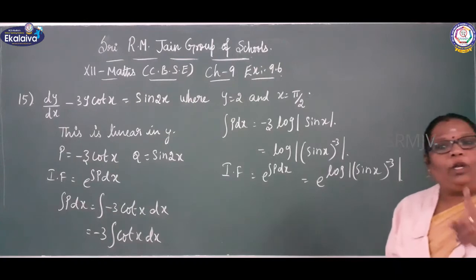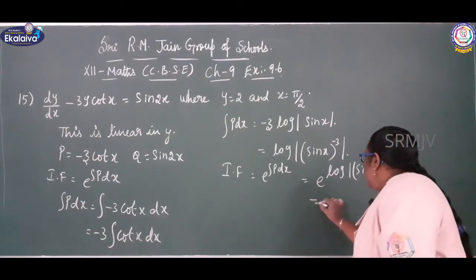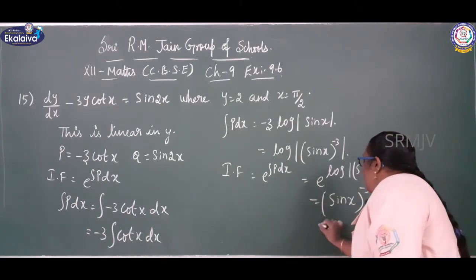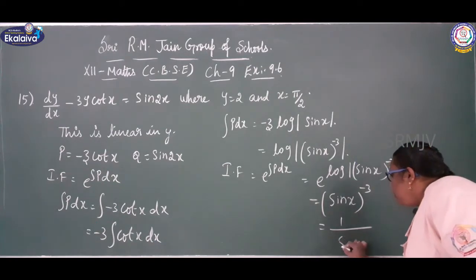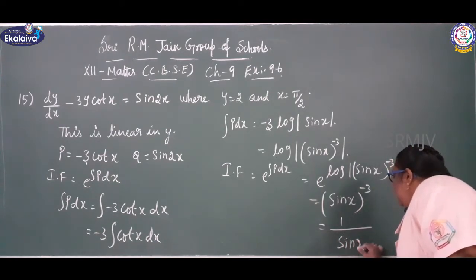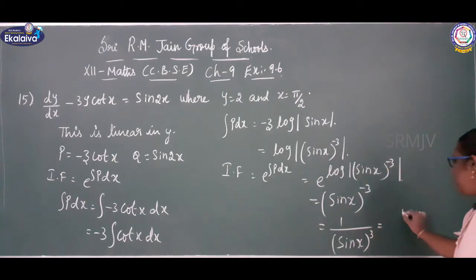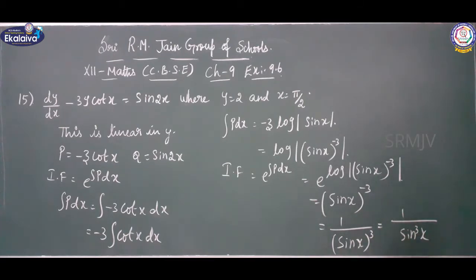E power log value is what? 1. So you are getting sin x whole power minus 3, or you will write 1 by sin x whole power 3, or otherwise 1 by sin cube x. So the integrating factor is 1 by sin cube x.